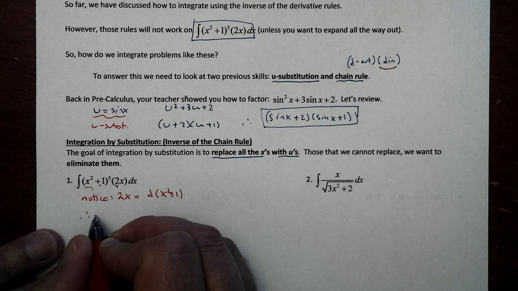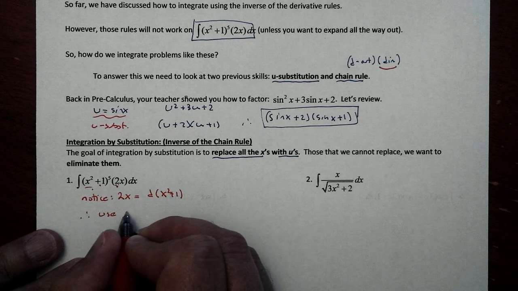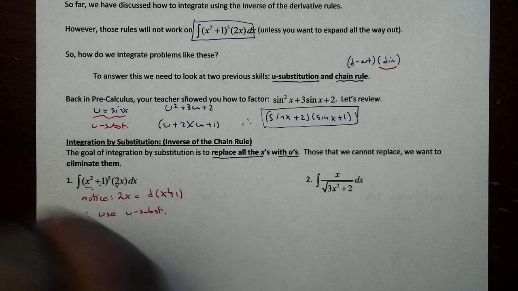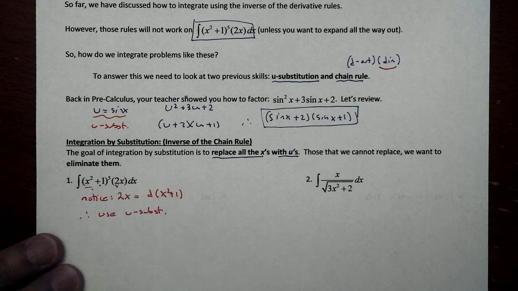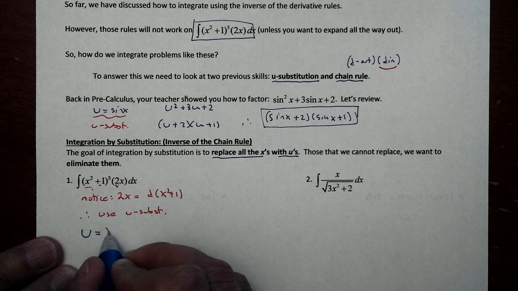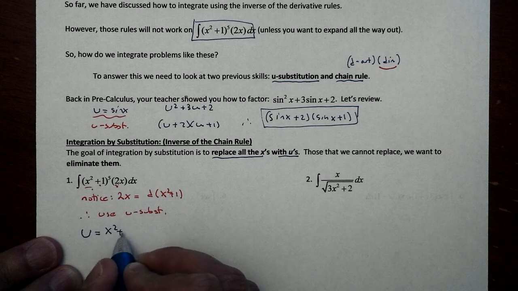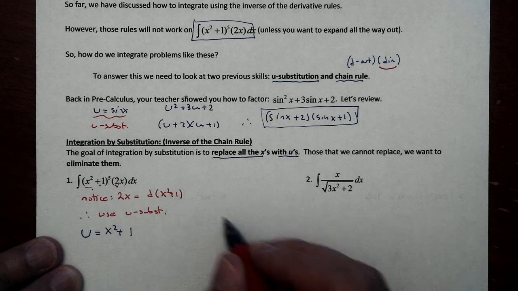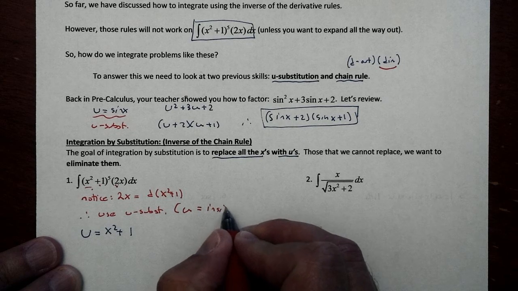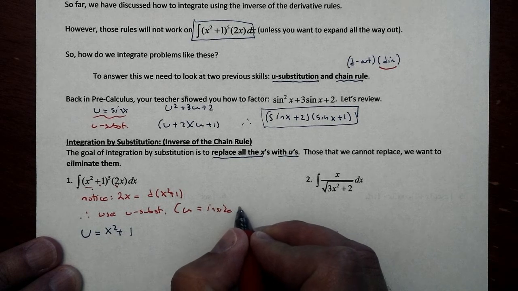Therefore, we are going to use what we call U substitution to solve this. Your U will be the inside function. So the U is going to be this x squared plus 1. When we do U substitution, we're going to let U be the inside function.